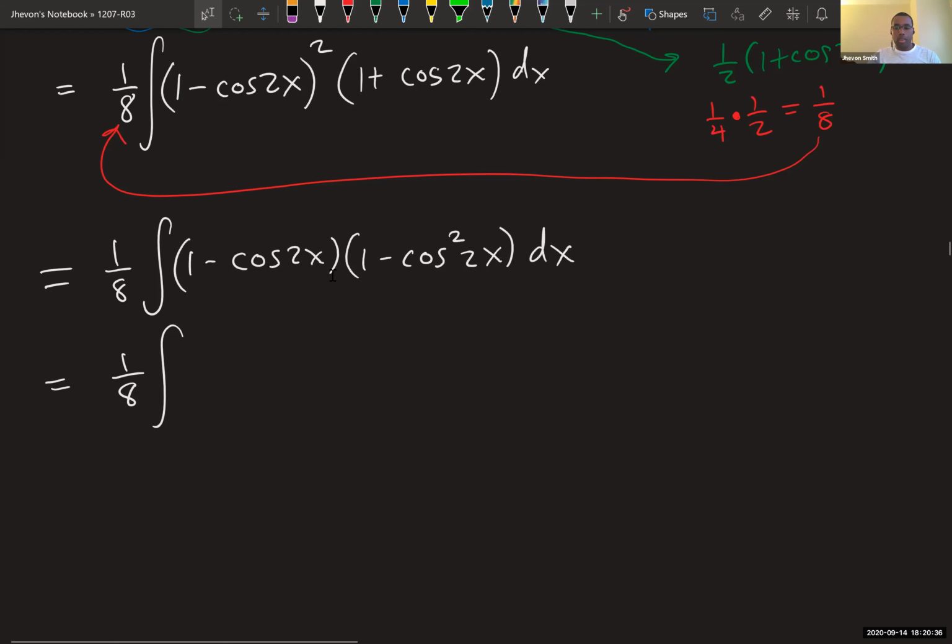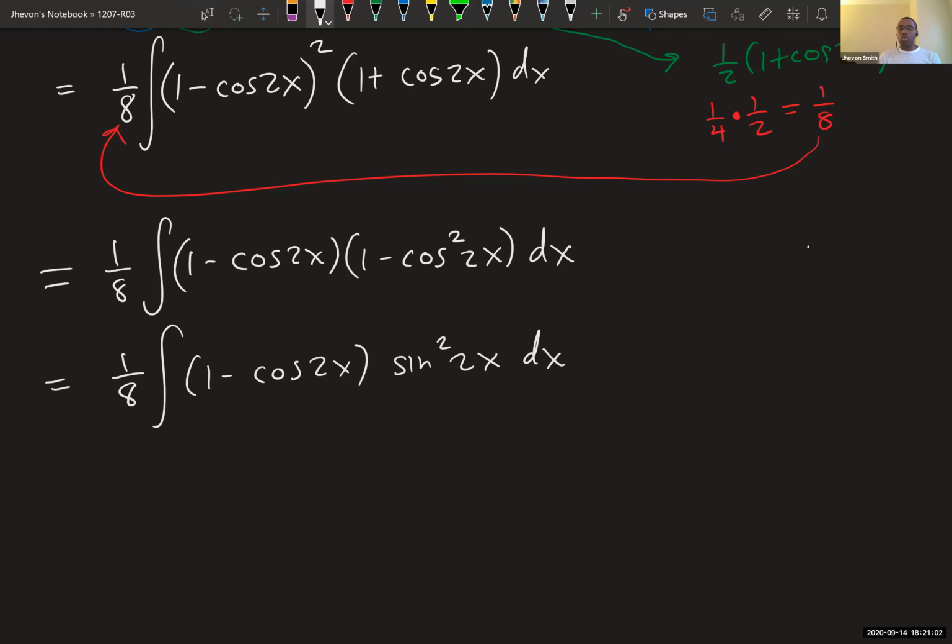Ideas? Like Natalie said, can we change the 1 minus cosine squared 2x into just sine squared 2x? Or no, never mind. You could. That's not illegal. There are actually several ways you could approach this one, but that seems fine.